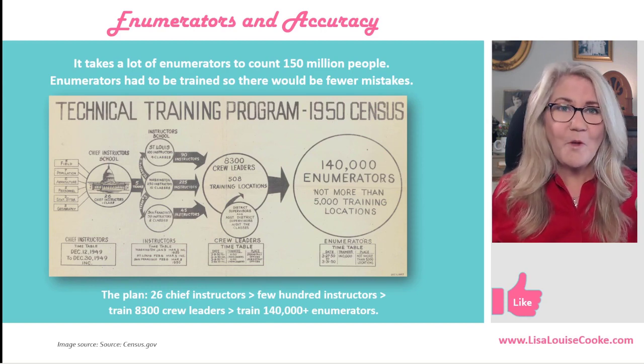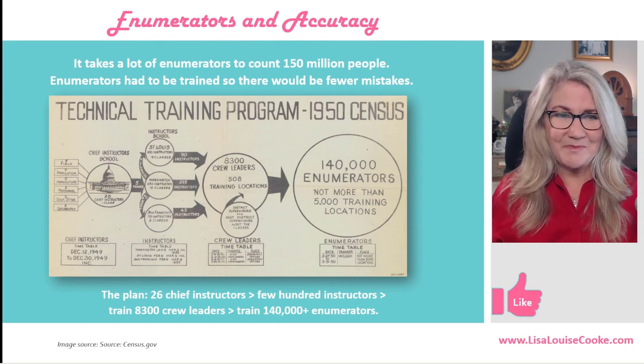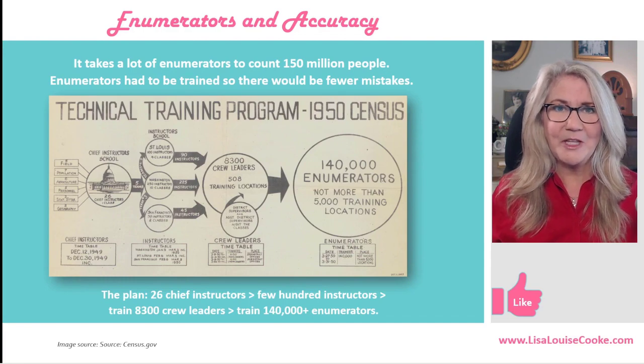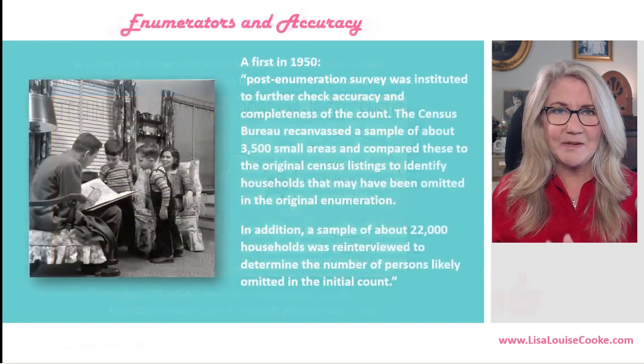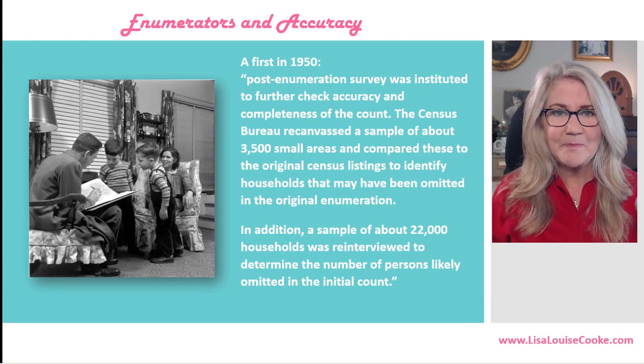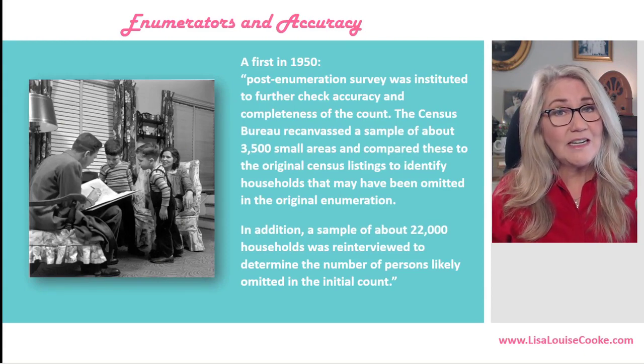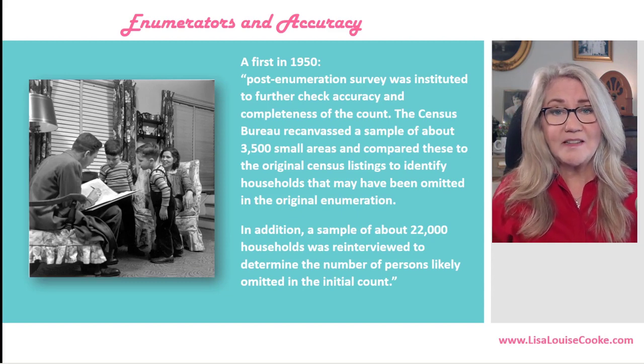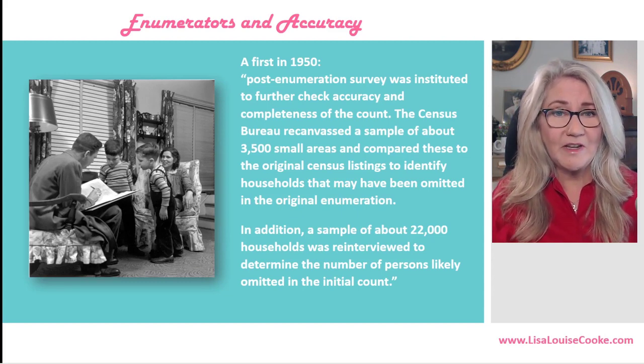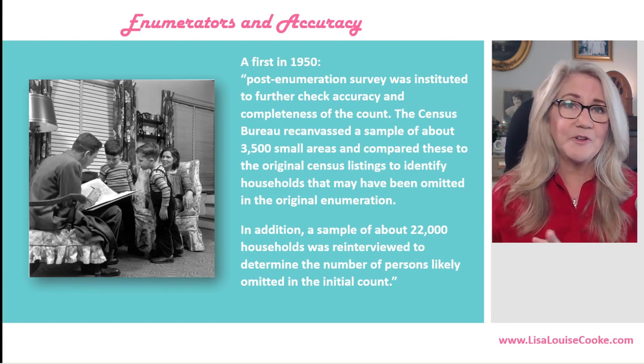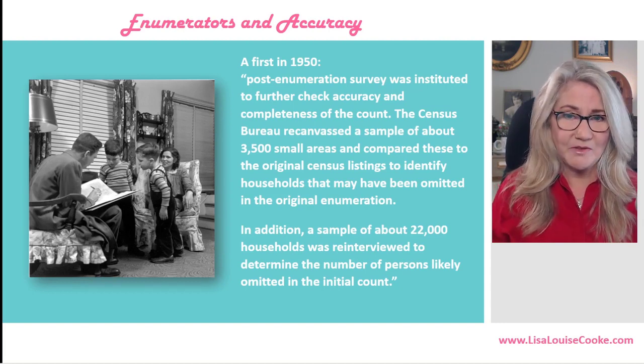So I hope this gives you confidence and some ideas about feeling good about the information you're going to be seeing, because they really did try to put in some new processes in place. A first in 1950 was that the post-enumeration survey was put into place. So they went in after the fact and they rechecked what they were doing.